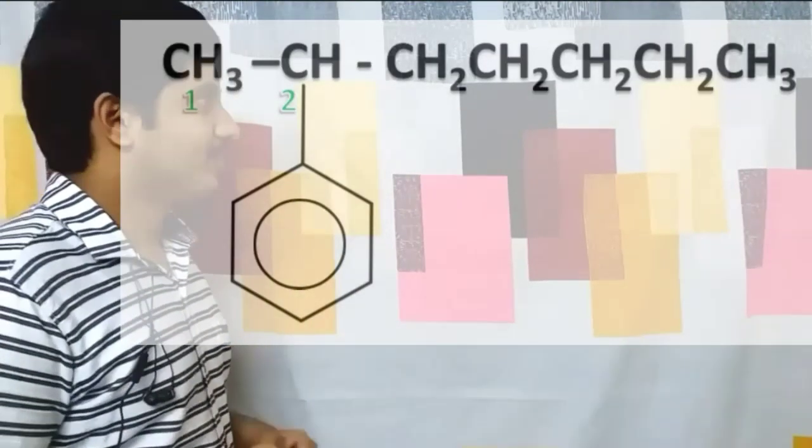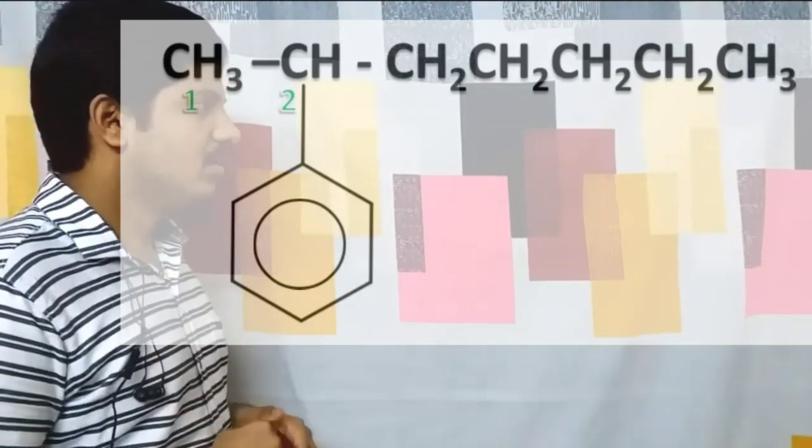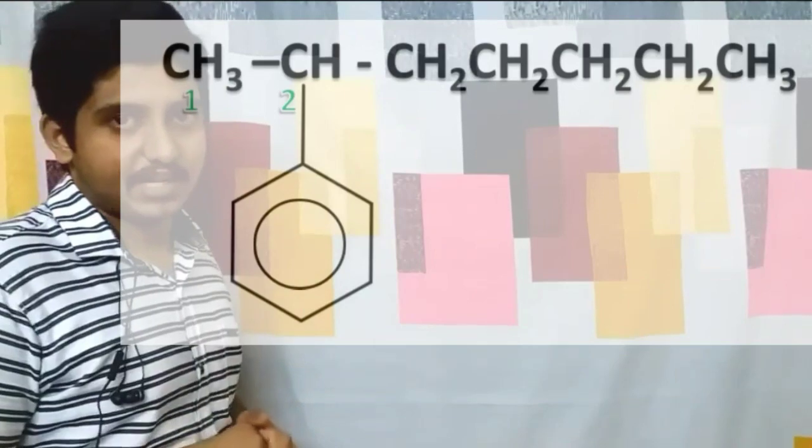So let's make it clear by using an example. Though this has been mentioned and explained in detail in my previous video where the same criteria was used for alicyclic compounds. So let's go to an example. Here we have a benzene ring attached to an alkane. Okay, now look at the number of carbon atoms in alkane. We have 7 carbon atoms in alkane.